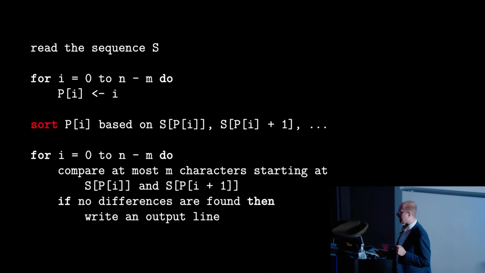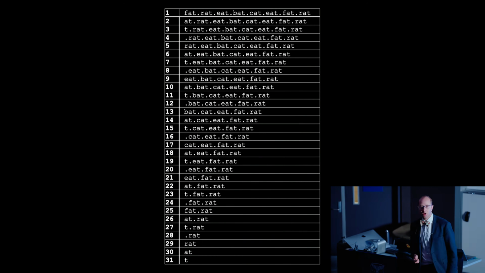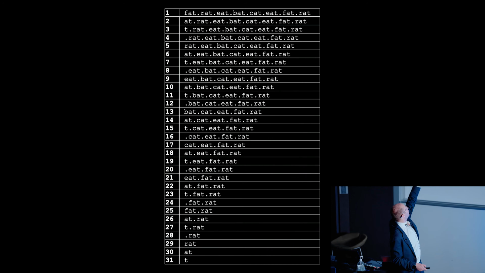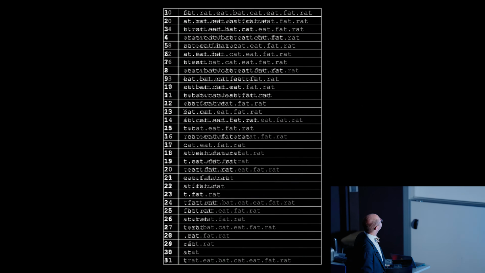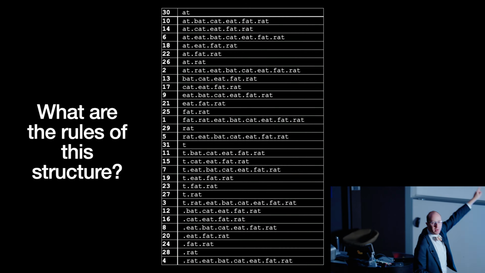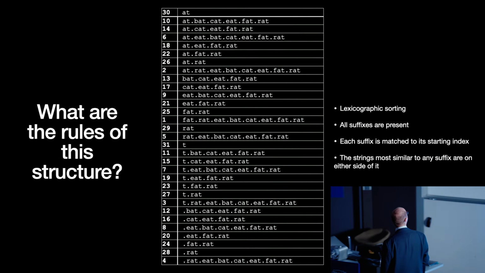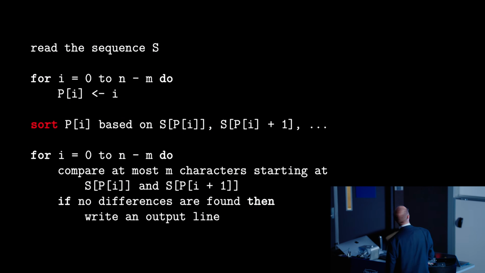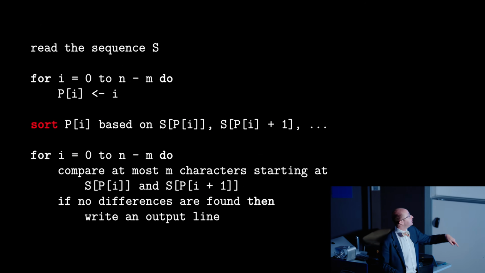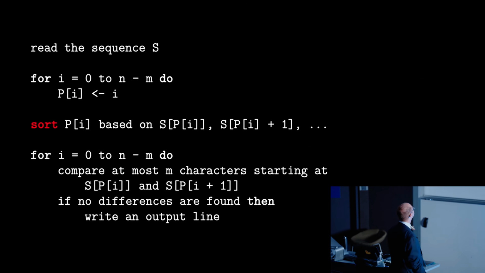Let's go back a slide for a second. It's the unsorted one. We're constructing this left-hand column with all the numbers from 1 to 31. And then the next bit of our algorithm is arranging those numbers 1 to 31 based on what that second column should be in terms of sorting. So that's what the algorithm is saying there: sort your list of numbers based on the substrings that refer to those starting indices.